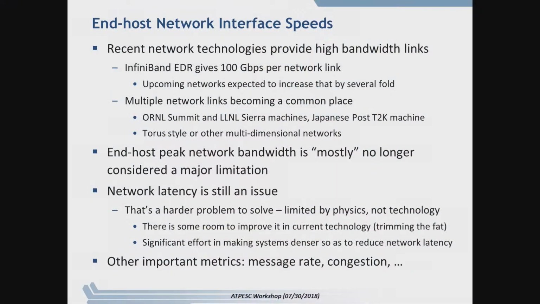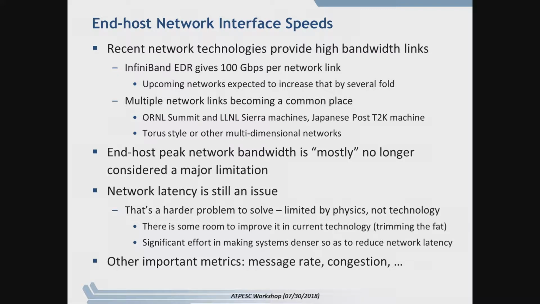We don't see this slowing down at the moment. In fact, pretty conservative projections are that we'll see 200, 400, up to terabit signaling on a single network link sometime in the next few years. That's something we'll probably see in that exascale time frame, going beyond 100 gigabits per second.